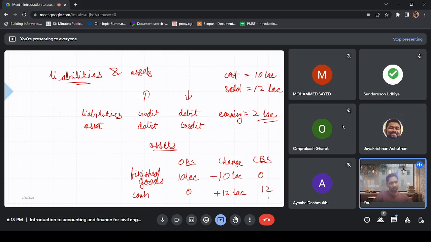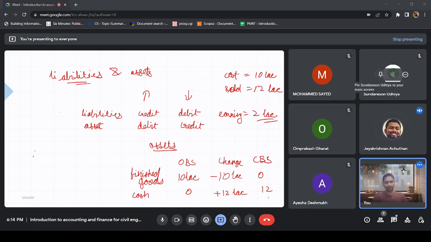So whatever profit is going to be there, it is going to be of the investors. Whatever loss the company is going to make, it is going to be of the investors. So that's why if company earns 2 lakh, it is still a liability. So this retained earning was 0, so 2 lakh change and 2 lakh now.